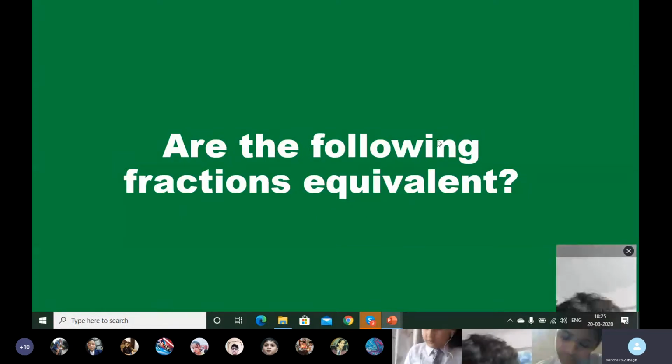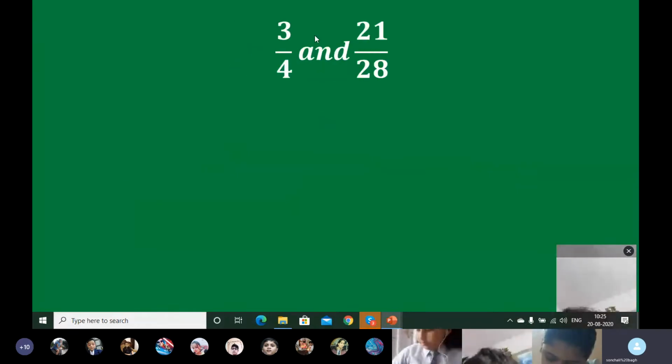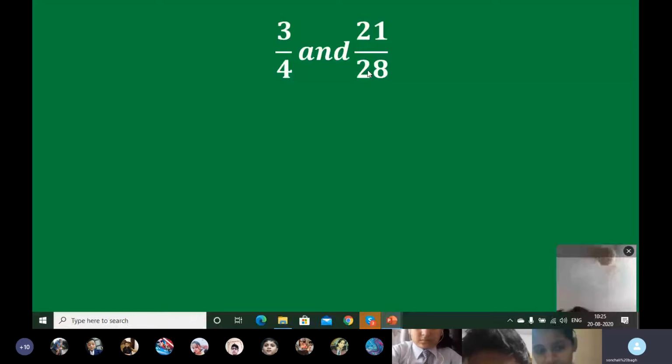We have to check if the two or three fractions given are equivalent to each other or not. So what do we do in such a case? For example, I have taken here 3 by 4 and 21 by 28. Write 3 by 4 on the LHS side and 21 by 28 on the RHS side.